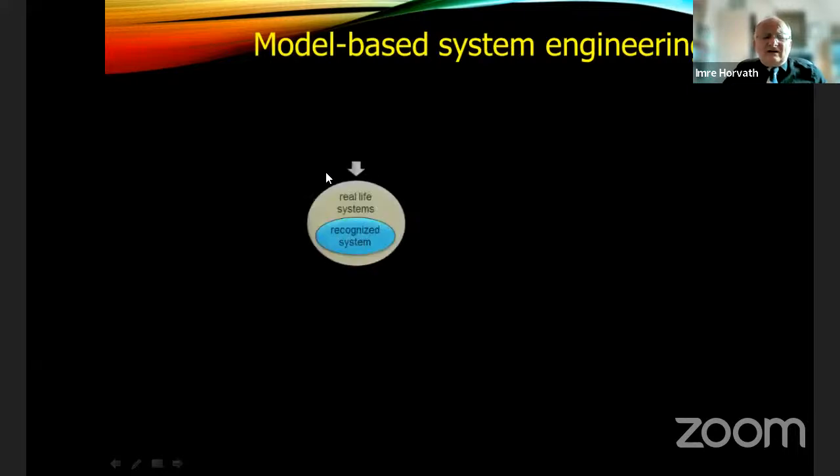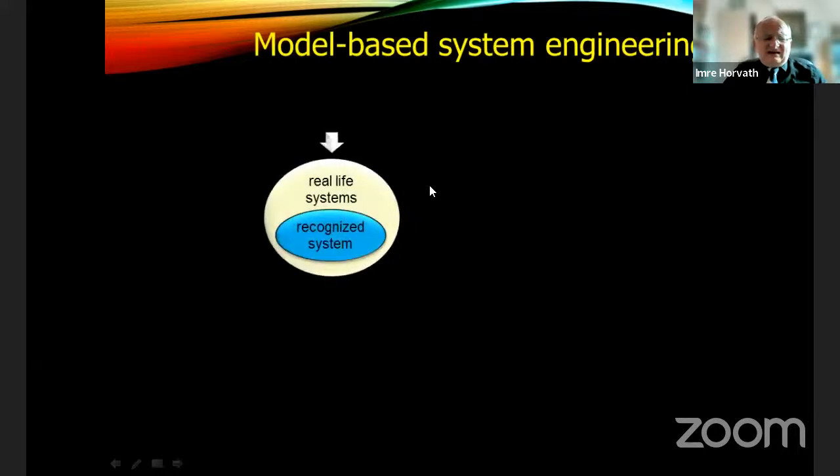Now, if we want to deal with model-based system engineering, then you see the difference based on this figure that I present. It actually starts with studying real-life systems, and based on a certain kind of systems, I identify system architecture, system prototype, system stereotypes.